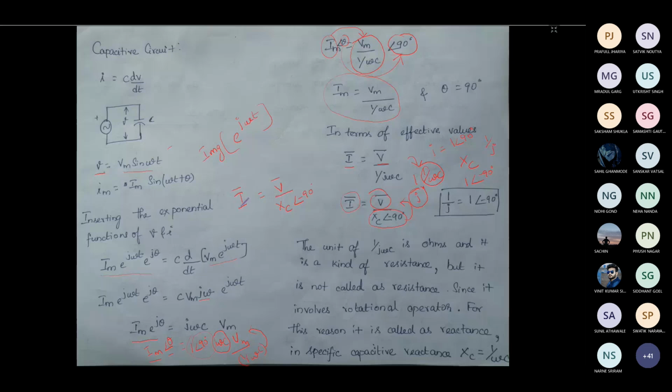So this I phasor can be written as some RMS value into angle theta, and this voltage can be written as V in RMS divided by XC angle minus 90 degree. Okay, so now we can again compare the magnitude and the angle. If you compare, I is given by V divided by XC, and theta is given by angle 90 degree.